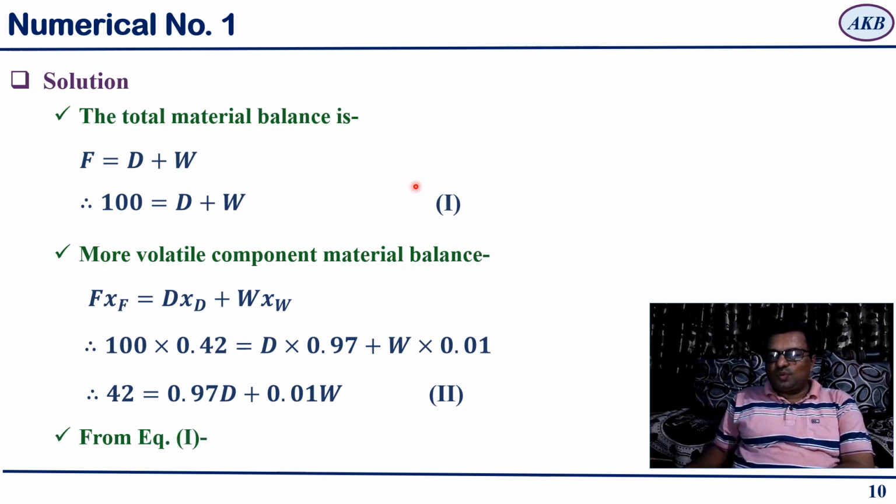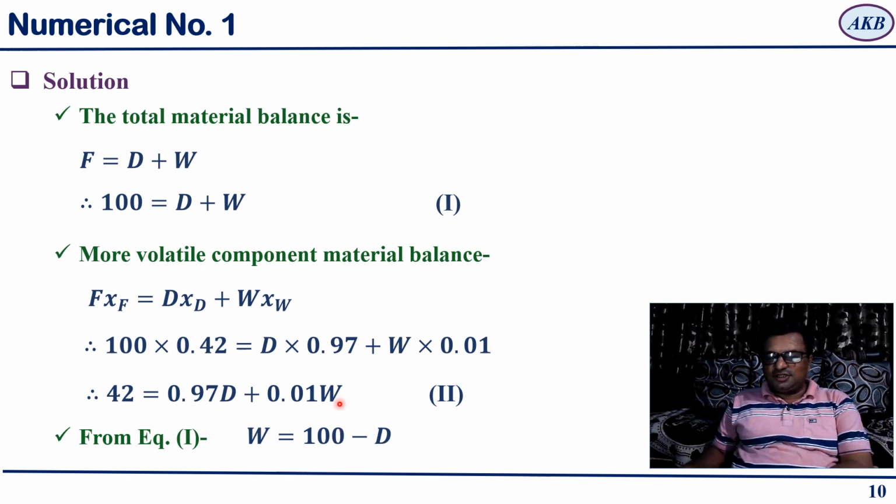From equation 1 I will get an equation for W. So from equation 1, W will be 100 minus D, and you can easily guess what I will do with this. I will use this in equation 2.